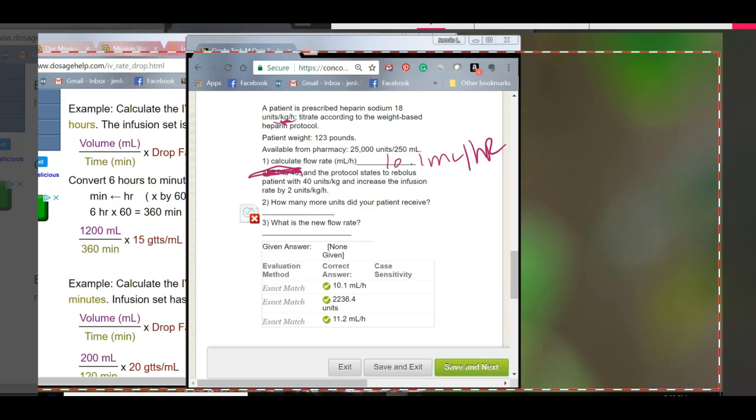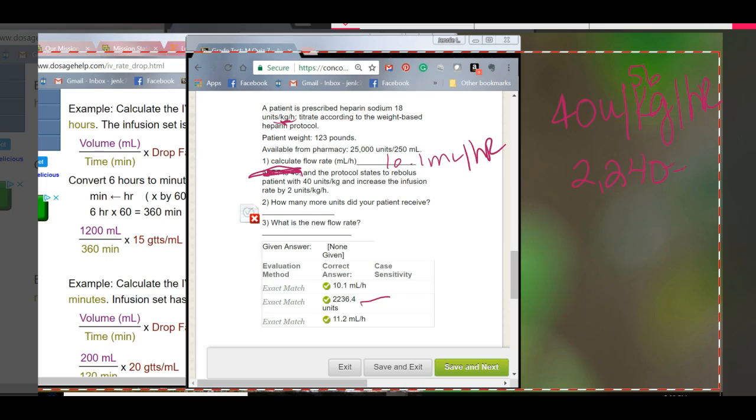So all you have to do is change your numbers, 40 units per kilogram. So you're going to do the same calculation. You already have the kilograms, which is 56. So you just do 40 times 56. That gives you 2,240. All right, so that's basically what you're going to bolus them with.